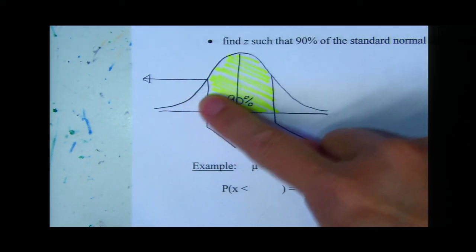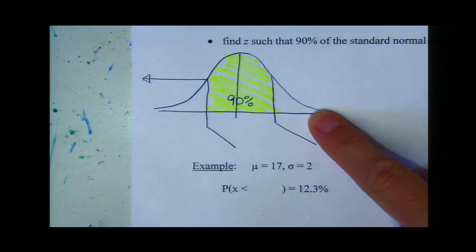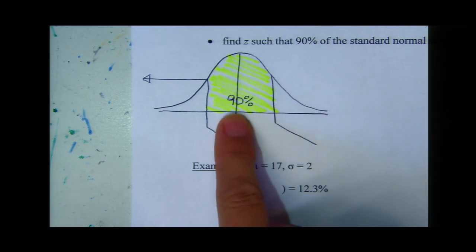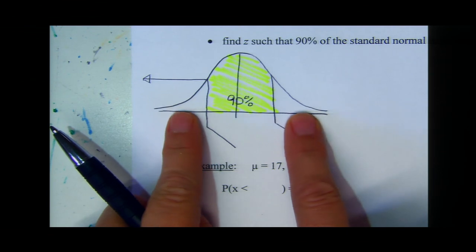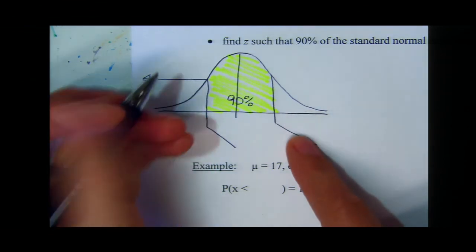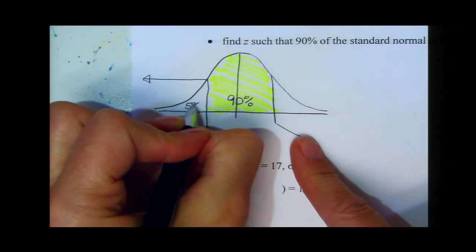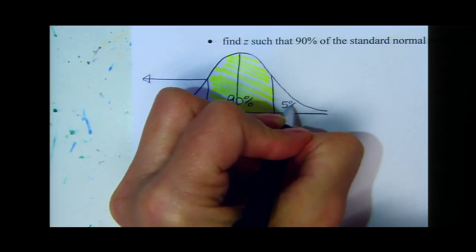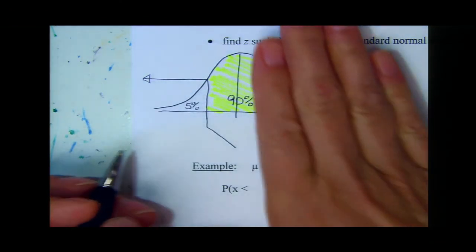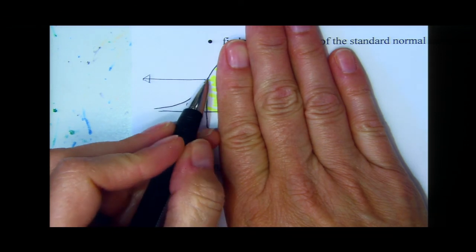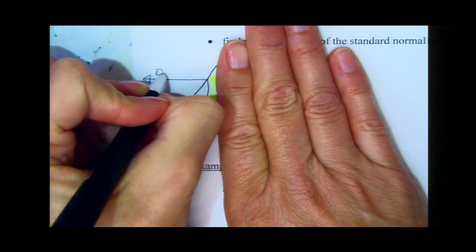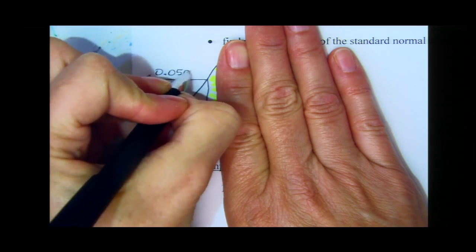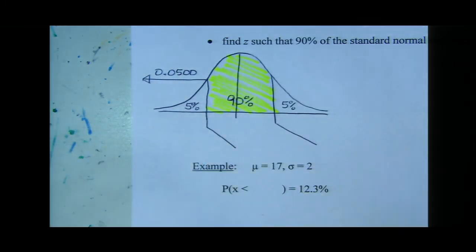We know the complete curve is 100%. If this is 90%, then I know these two are together 10%. And since it's symmetrical, we know that this is 5% and this is 5%. So I know the area to the left of my negative z is 5%, or 0.0500. And I know this is a negative z value.